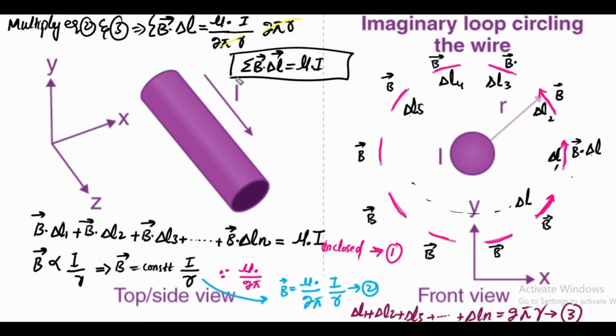Okay, so it means that the summation of the product of the magnetic induction with del L is equal to mu naught times the current enclosed. So here this mu naught is the permeability of the medium, and this is actually the ability of the medium to permit the magnetic field.